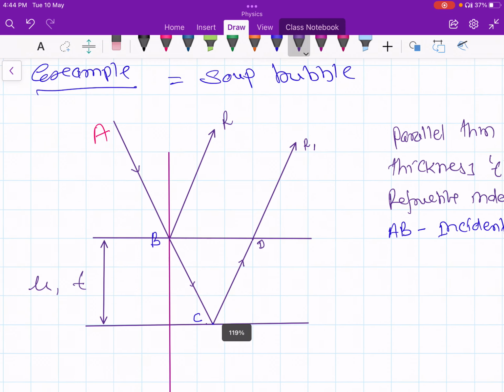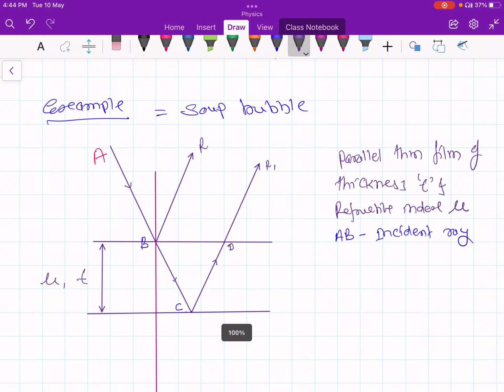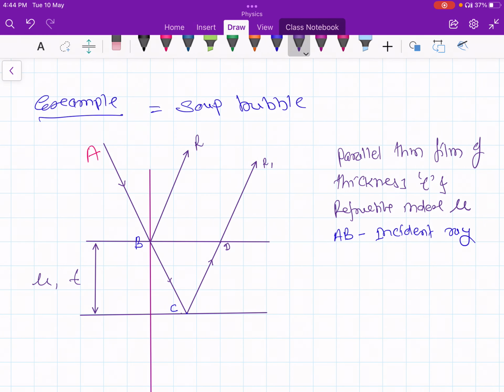Now you can see here, AB is the single incident ray, and from that ray, due to reflection from the thin film, I got two reflected rays BR and DR1.